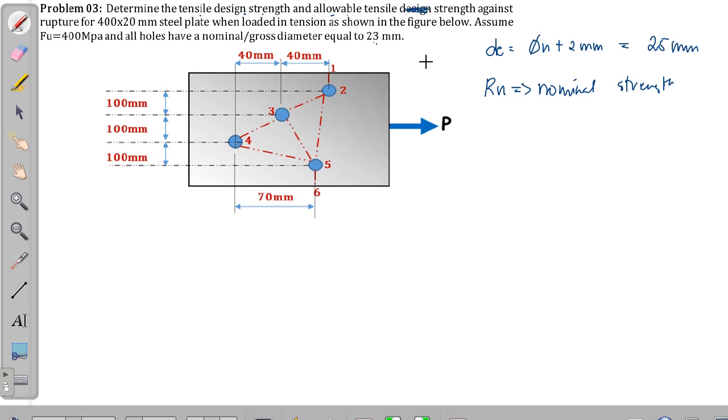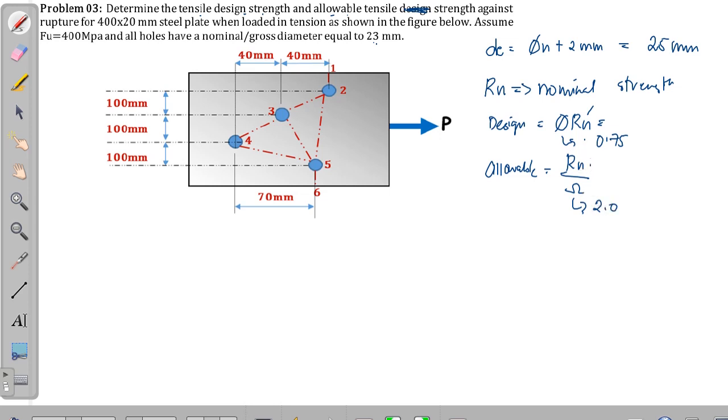So, our design strength is equal to, yung design strength natin, equal to phi Rn. Our phi is equal to, this is against rupture, so our phi is equal to 0.75. So, we need to solve our Rn. Okay? And for the allowable tensile strength, this is equal to Rn over omega. Our value for omega for tension members against rupture is equal to 2.0.